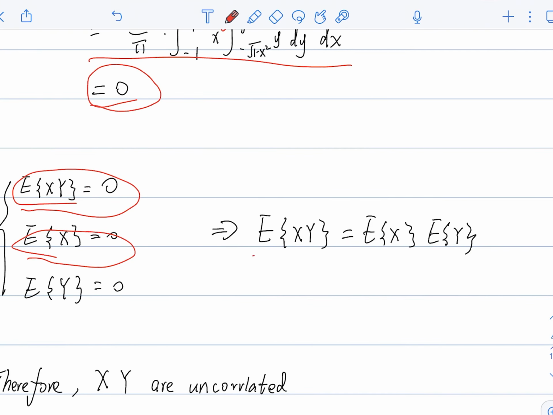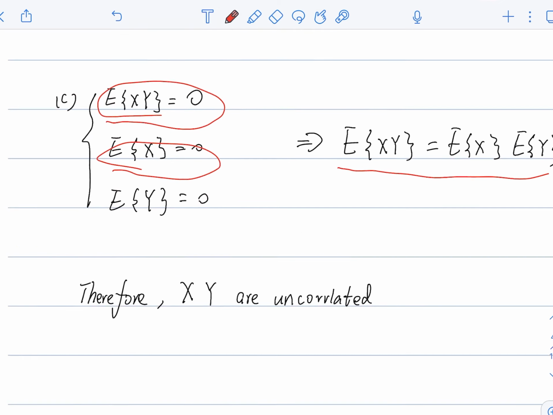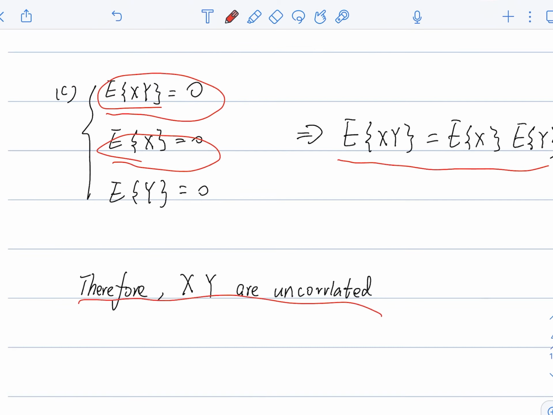Therefore, the expected value of xy is equal to the expected value of x multiplied by the expected value of y. Hence, X and Y are uncorrelated. Now question 2 has been completed.